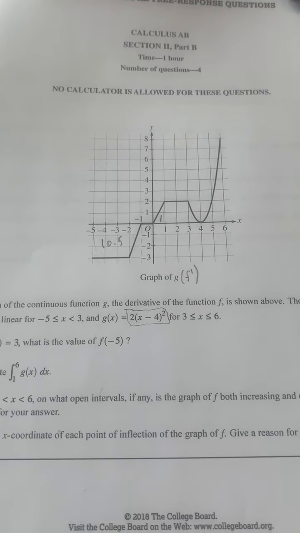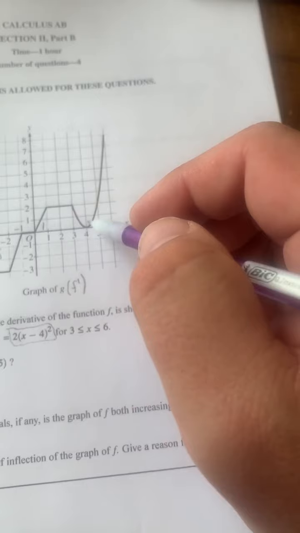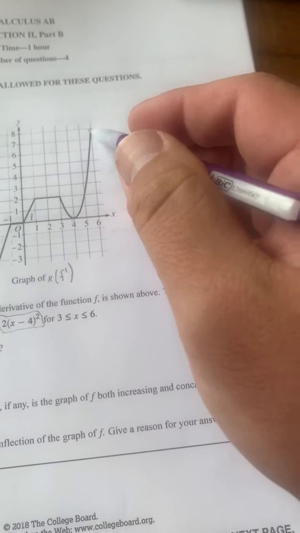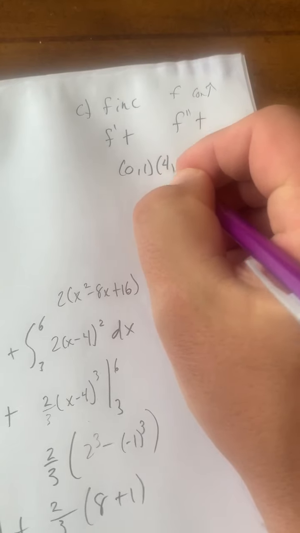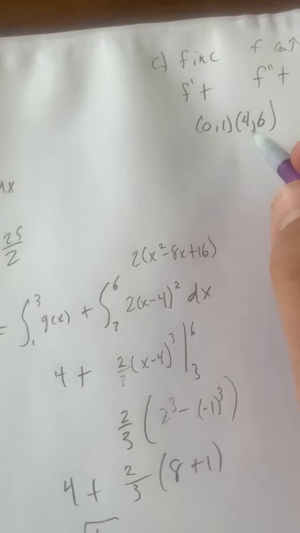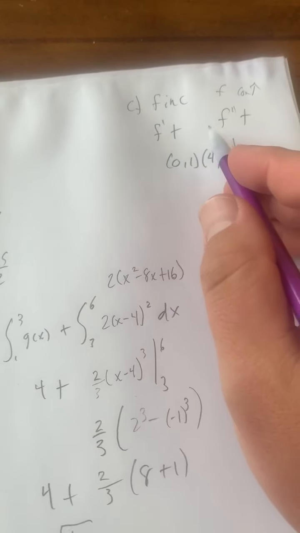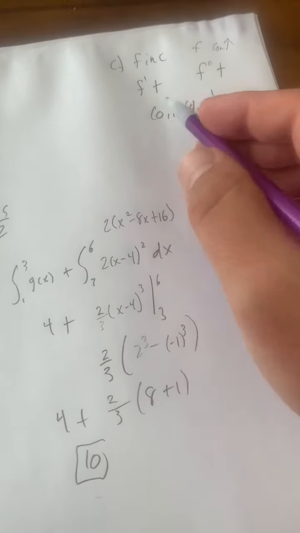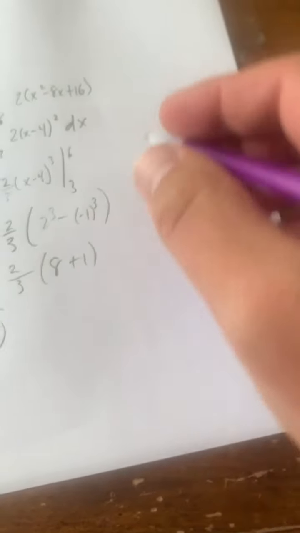So I'm looking for places where this has a positive value and a positive slope. That would be from 0 to 1 and from 4 to 6. And my reason for that would be these are all the places where f prime is both positive and increasing. So, or where f prime and f double prime are both positive, your choice on the wording.